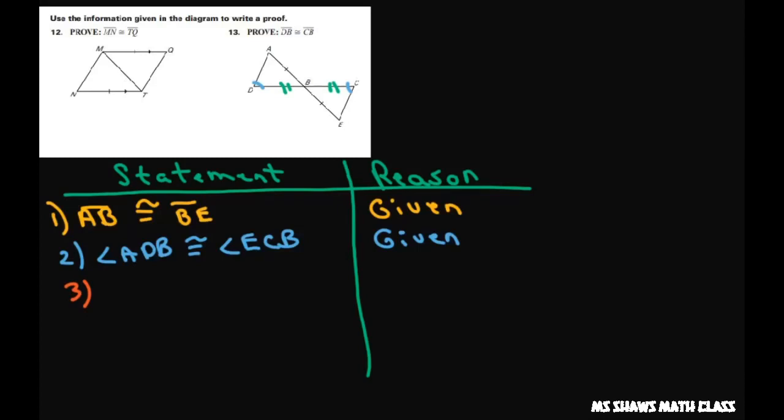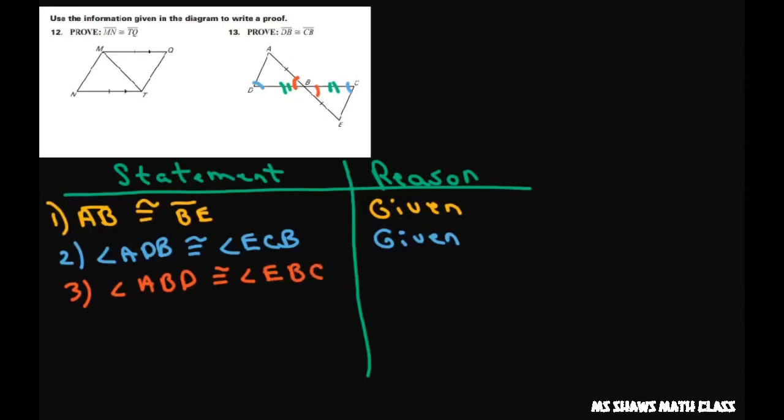So we can also say that angle ABD, this angle, is congruent to EBC, this angle. So angle ABD is congruent to angle EBC.